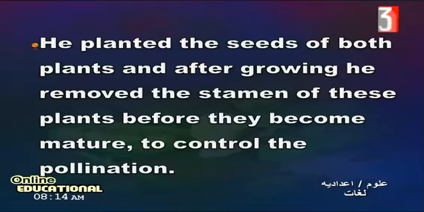He planted the seeds of both plants, and after growing, he removed the stamens of these plants before they became mature to control the pollination.